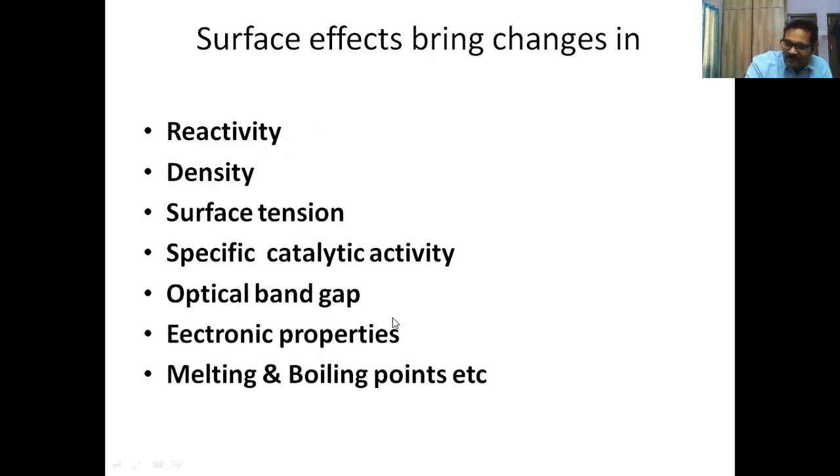Optical band gap increases, electronic properties change, and melting and boiling points change. So all these surface effects bring changes in the properties. When you compare the bulk to nano, there are tremendous changes, so these are more significant. The importance rises as far as nano.